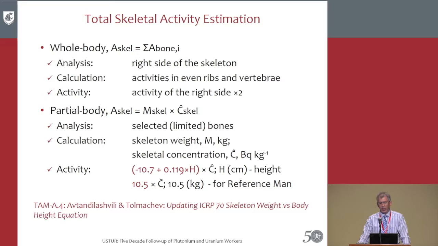One is based on the ICRP formula, which is a function of height. Usually in USTUR we know the height of our registrants, so we use that formula. If you don't know, you can use the standard reference man weight of 10.5 kg recommended by ICRP. We will have a presentation from Maya Afton-Dilashvili right after me, and she will touch on how to estimate skeletal weight.